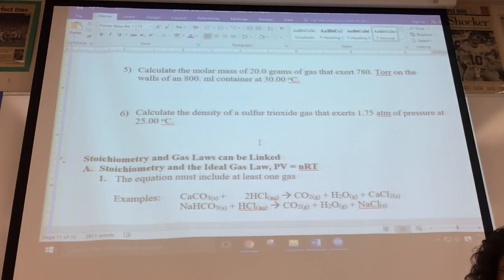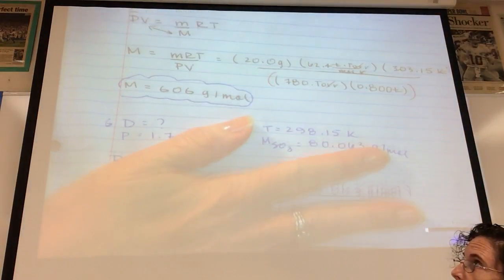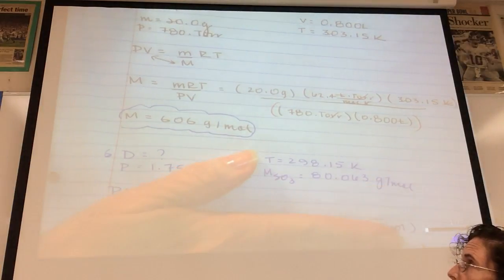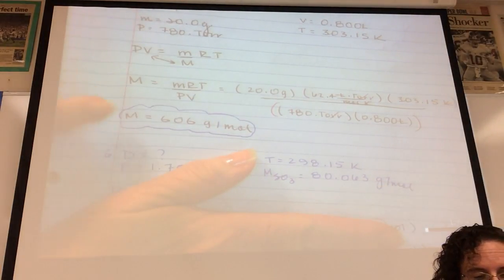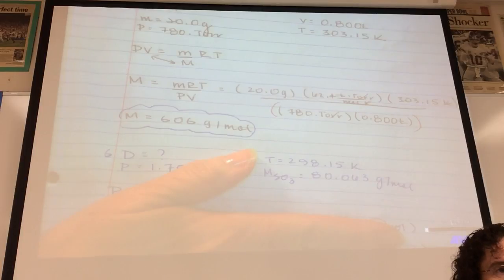Alright, I'll reveal 5. I won't show 6 yet. So here's 5. How'd we do with 5? Yes on 5? Good? You have the right unit too? I'm plugging the exact thing into a calculator.